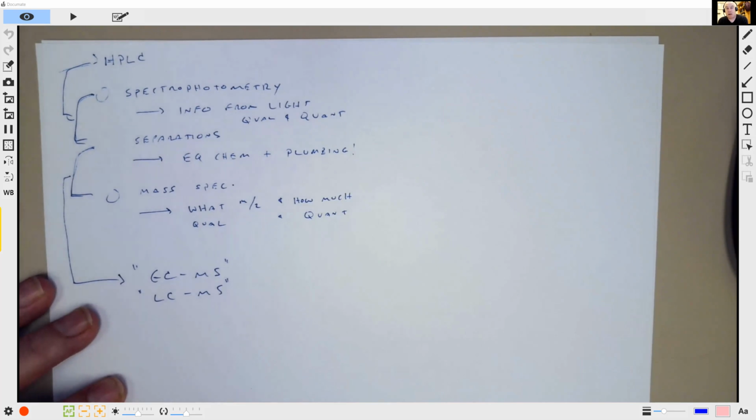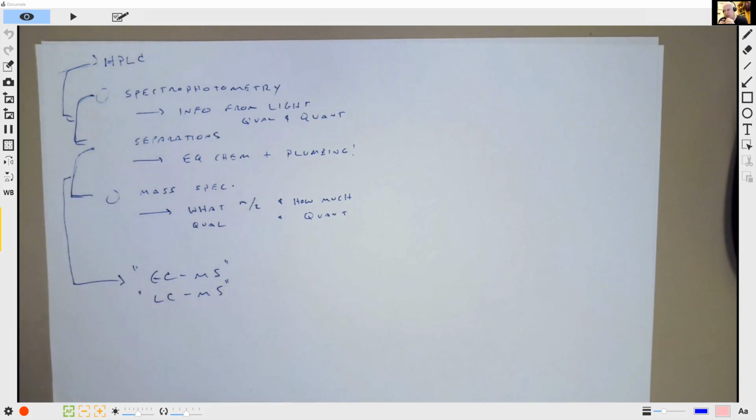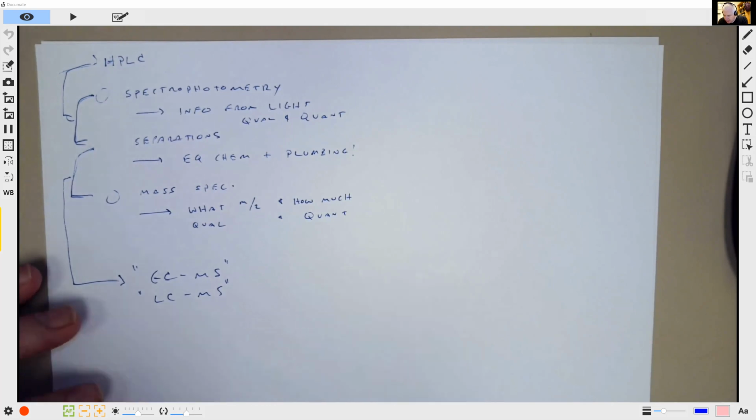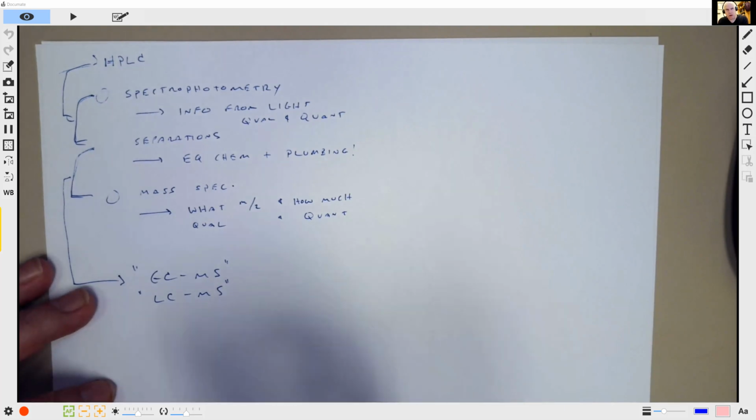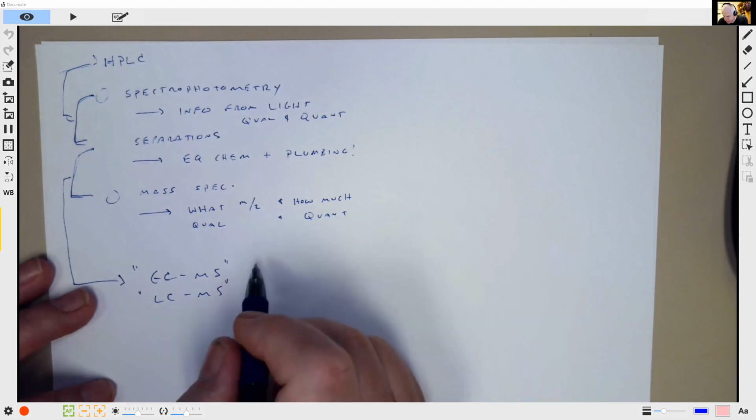So mass spec is interesting because it's also a separation method, because you separate in the time domain and in the space domain, and then things arrive at a detector one by one, and when they arrive, you can know their mass to charge ratio and their abundance, right? So it's like separation, detection, that type of thing.